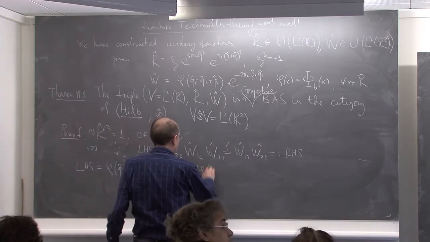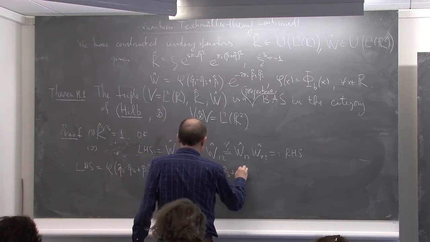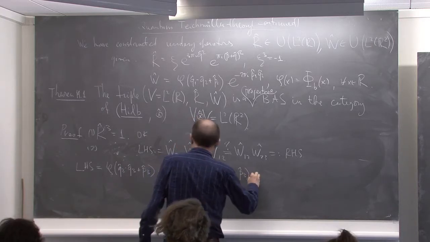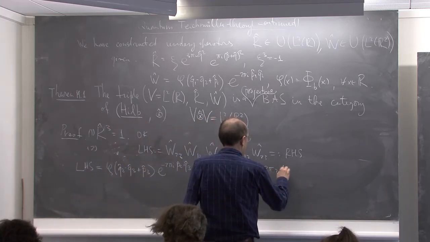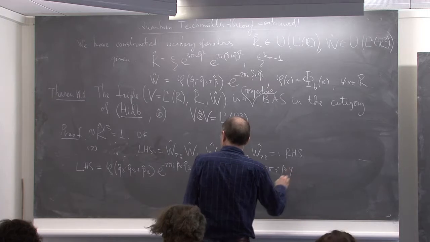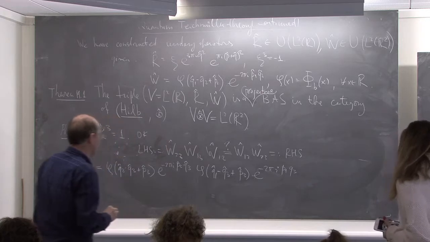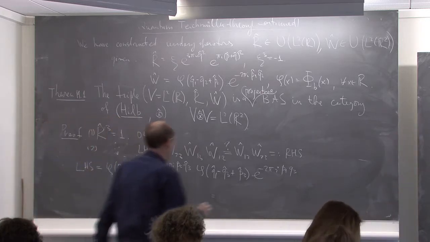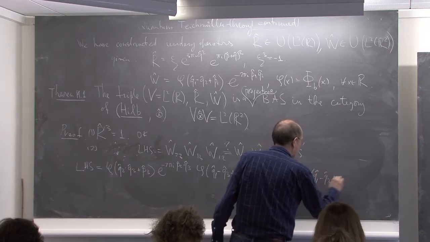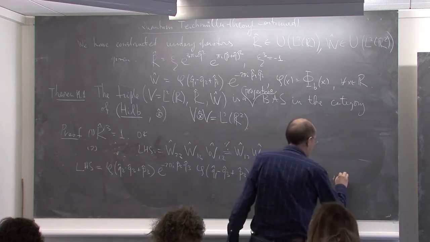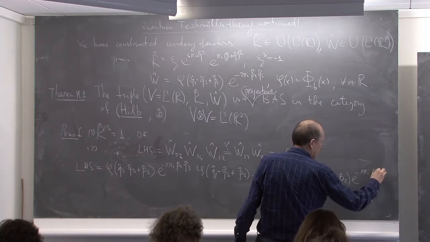Then phi of Q1 minus Q3 plus P3, exponential of minus 2 pi i P1 Q3, and one more term, phi of Q1 minus Q2 plus P2, e^{-2πi P1 Q2}.